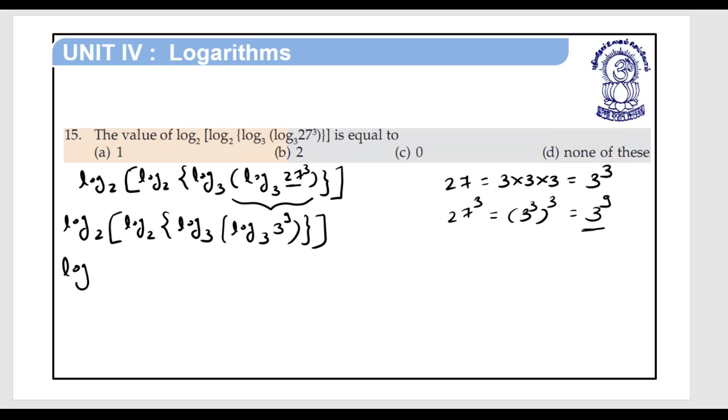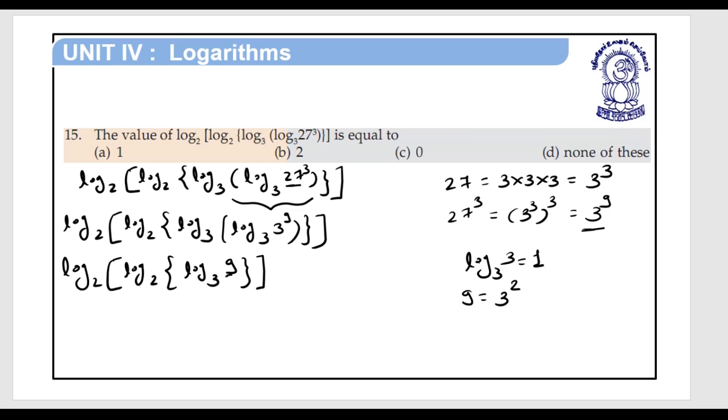So 2 log 2 curly bracket log 3 raised to 9: log 3 to the base 3 is equal to 1. So 9 into 1 is 9. So bracket complete, 9. Convert 9 in the form of 3. So 9 is equal to 3 square. Put the value of 9, 3 square, into this.